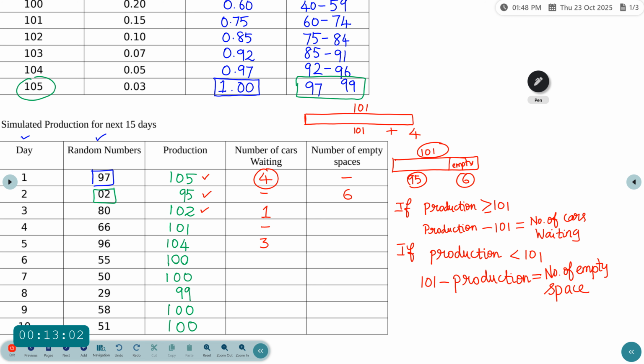So here 95 is less than 101, so 101 minus 95, the value is 6.